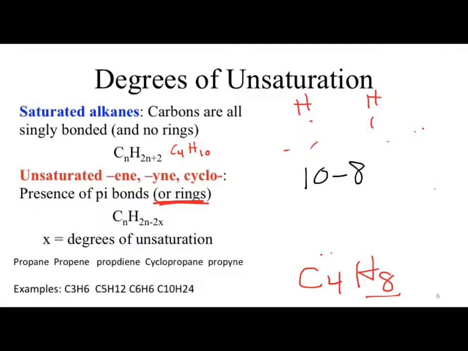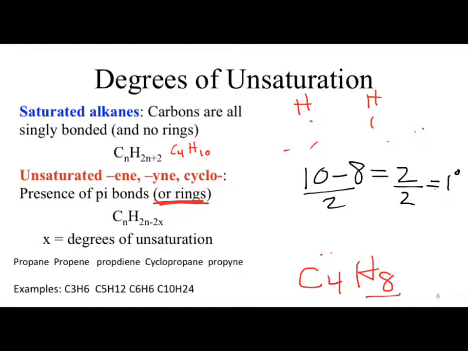So if we do 10 minus 8, we get 2 hydrogens lost. Our 1 degree of unsaturation was 1 pi bond. How many hydrogens did we lose when we made 1 pi bond? 2. How many degrees of unsaturation do we have? 1 degree of unsaturation.